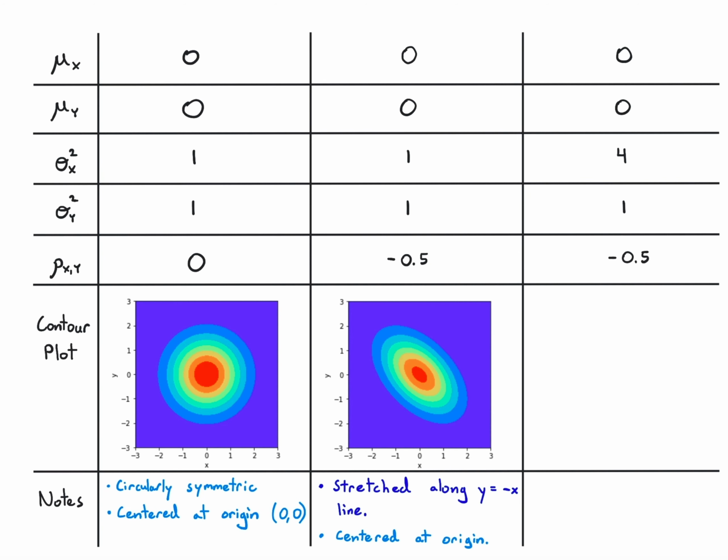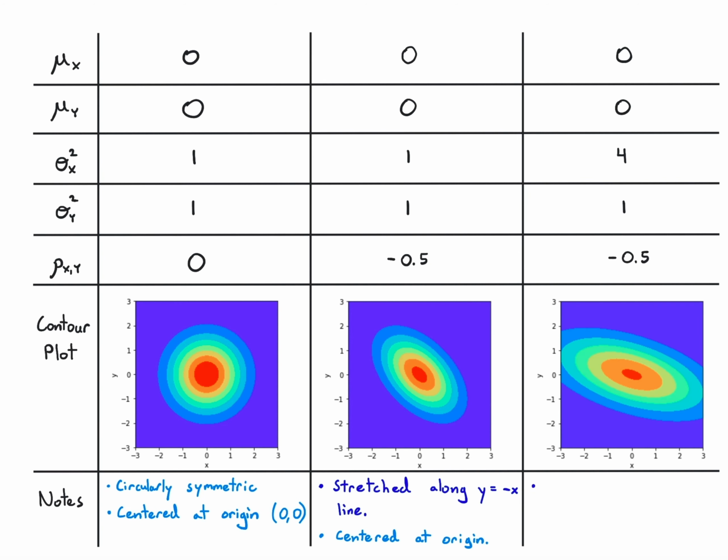So I now set the variance of x to 4, and I see that now it's stretched, and it has a negative slope, right? Because of the correlation coefficient, and it's scaled along the x-axis. So there are two things that have happened. Because of the correlation coefficient, I now see that it has a little bit of a linear relationship, and it's also stretched out along the x-axis because of this variance. Still centered at the origin.